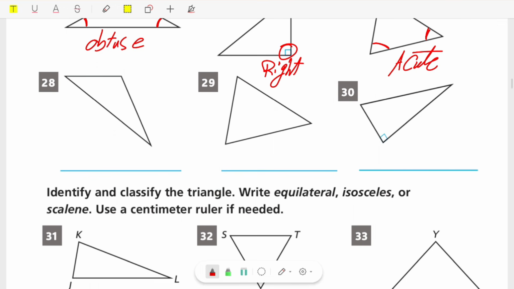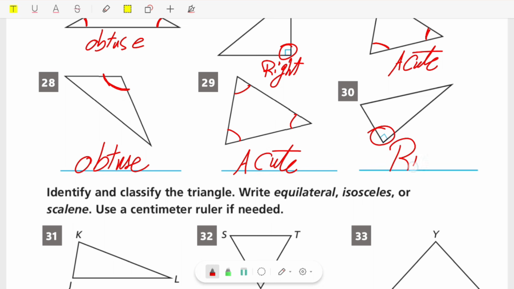Okay, the next one, we have here an obtuse angle, so wide as you see here, so it's an obtuse triangle. The next one, all the angles are acute, so it's an acute triangle. The next one, we have a square corner, it's so obvious, it will be a right triangle.